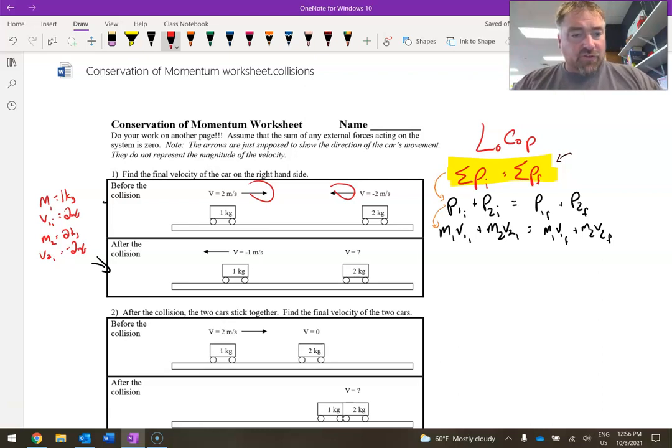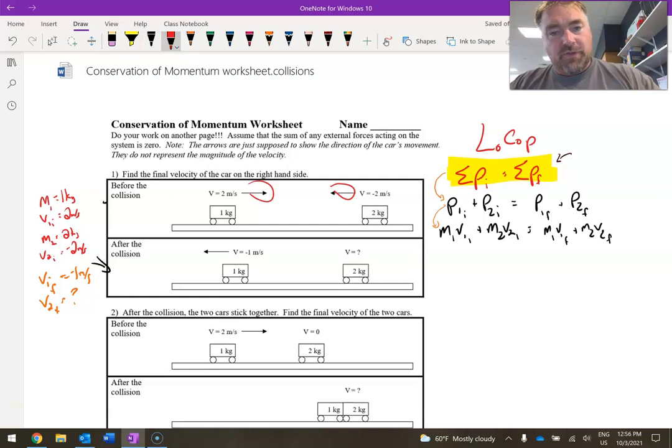If I look after the collision, M1 and M2 stay the exact same, but now I have a V1 final. I'll put that in orange. The V1 final is now negative 1 meter per second. Once I know this, there's all my givens, and I'm looking for V2 final. That's my unknown. I already grabbed my equation, so I'm just going to plug things in.